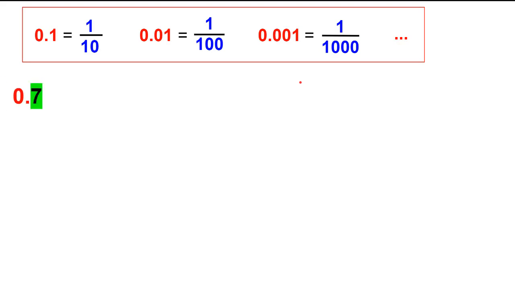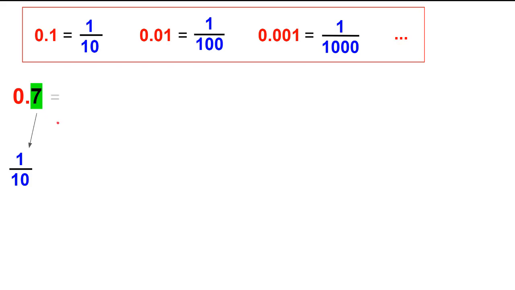Now let's see an example. 0.7, we want to know how to write it as a simplified fraction. The 7 here appears as the first digit after the decimal point. That means we multiply it by 1/10.